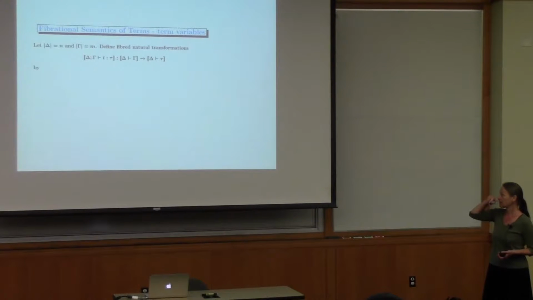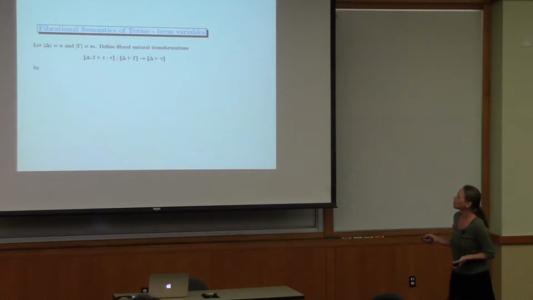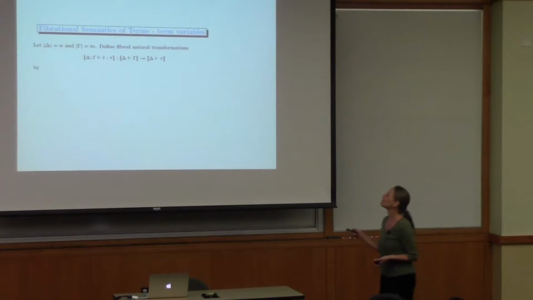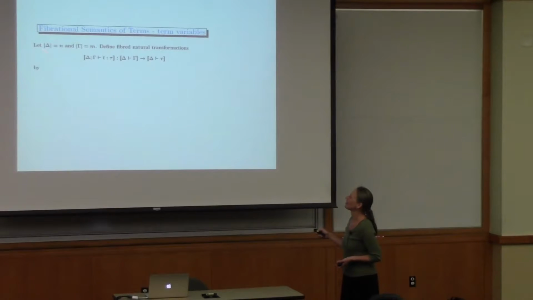Okay, so let's see how this goes. Term variables. I tried to get rid of the m's and the n's here, but in case I didn't, let me just say that I always think of the cardinality of delta as being n, so n type variables and m term variables, right? So delta is the type context for my term, and gamma is the term context for my term.